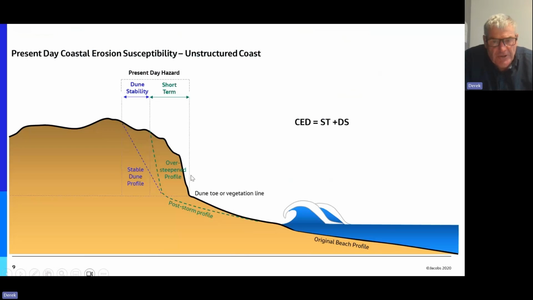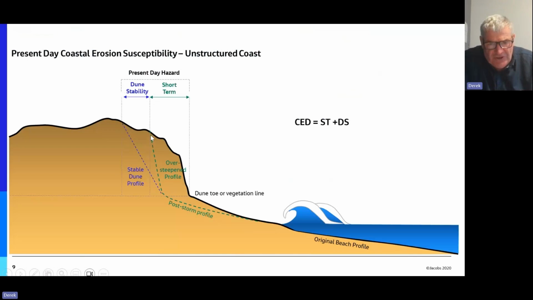The short term is where a storm comes up, attacks our dune toe, and therefore removes parts of the dune. Our modelling asks, what is this distance in here?